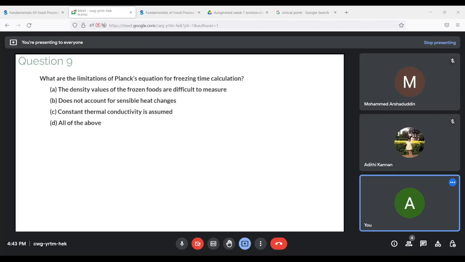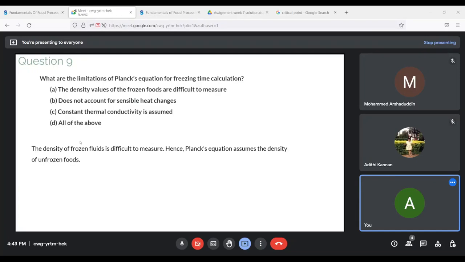So both the numerical sums that we discussed were based on Planck's equation only. So what we assumed was the density of the frozen fluids is difficult to measure. Once you have frozen the fluids, you will have some crystallization effect. You will have some of the water molecules that are being removed as well. Also, although that is not very significant in terms of freezing, sometimes when you freeze it for a very long time, you will have a loss of moisture as well.